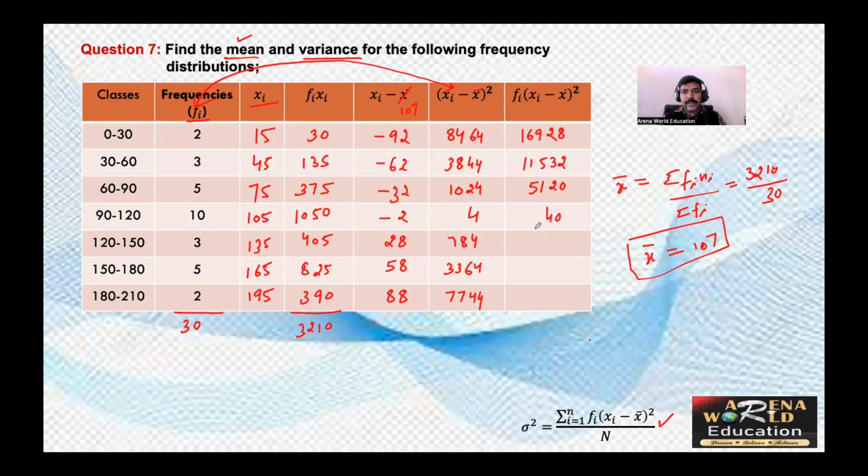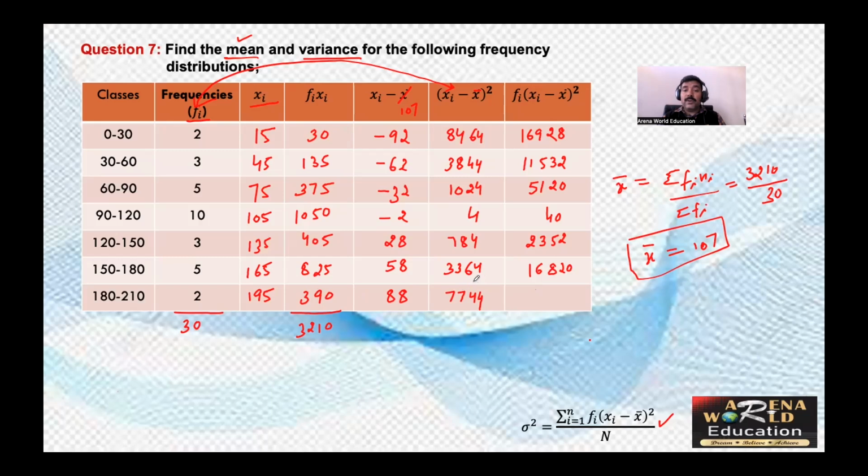3 into 784 will be 2,352. 5 into 3,364 will be equal to 16,820. And last is 2 into 7,744.